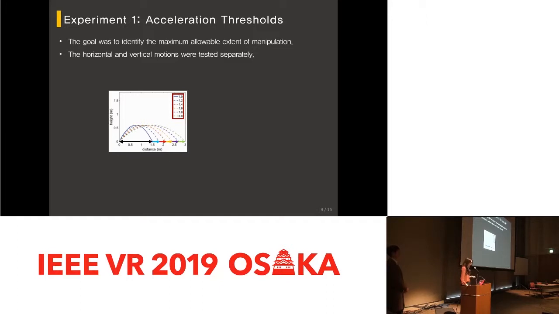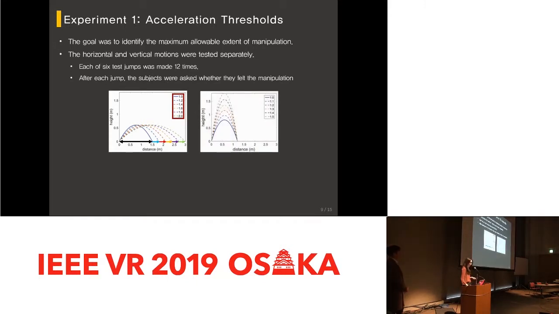For example, if a 1.8 meter jump is manipulated to 1.5 meters, it may not be noticed by the user. However, if a 3 meter long jump is reduced to 1.5 meters, it may be. Each subject repeated the jump 12 times, and after each jump, users were asked whether they were aware of the manipulation.